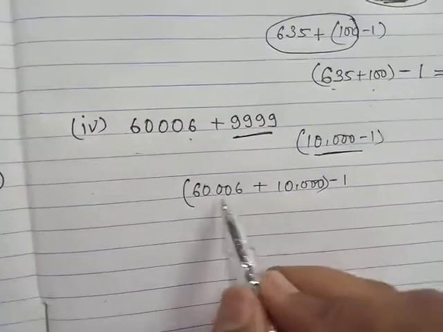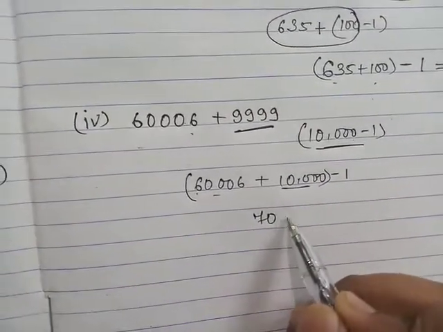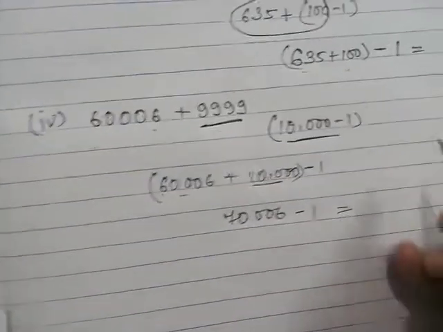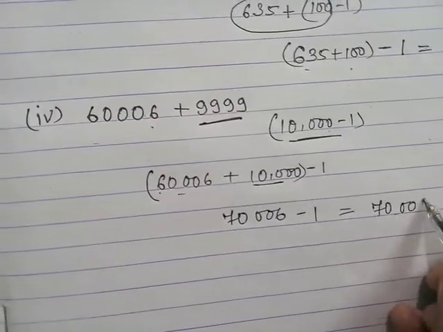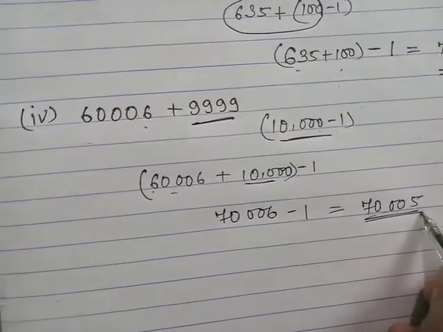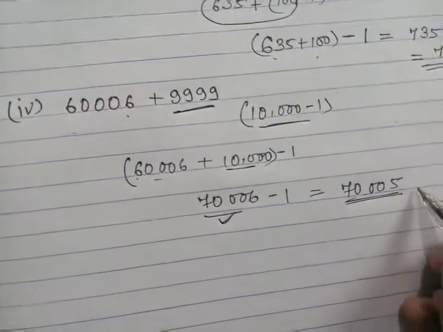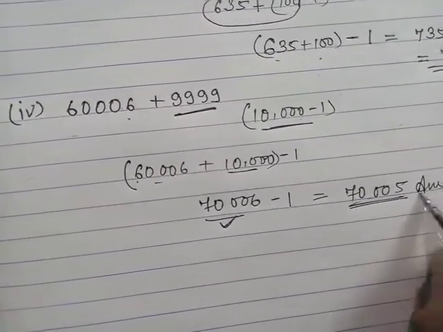Now you add the first two, that will be 70,006 minus 1, and the value will be 70,005 if you subtract 1 from this value. So this is your question number 4 and this will be your answer.